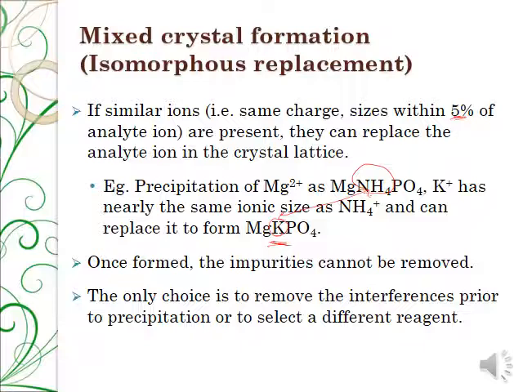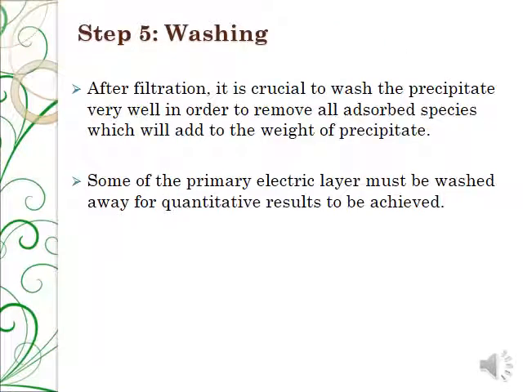We have to select a different reagent so that this kind of precipitate will not form. So avoid using a reagent which has a similar ionic size as the intended precipitate.